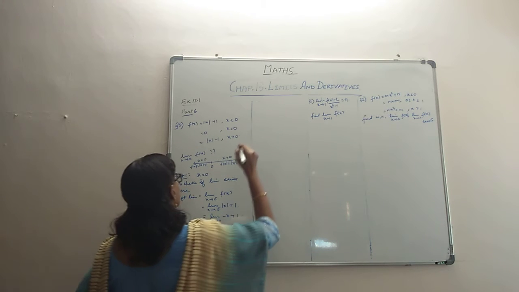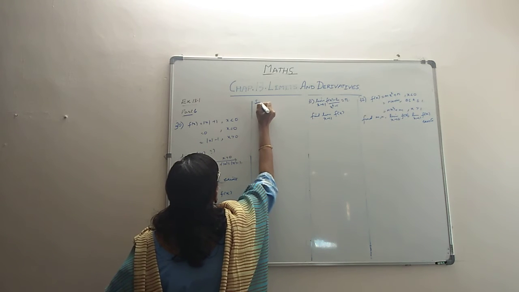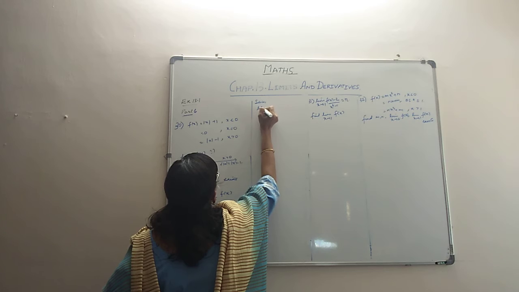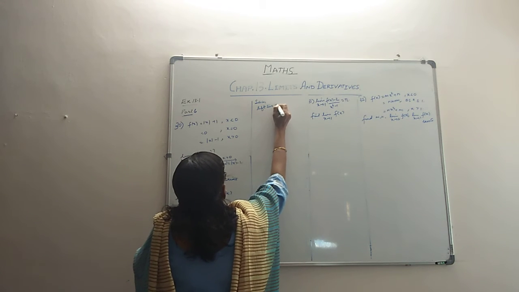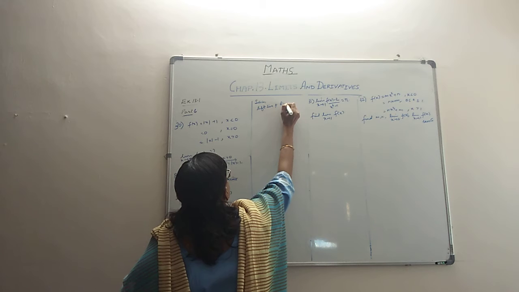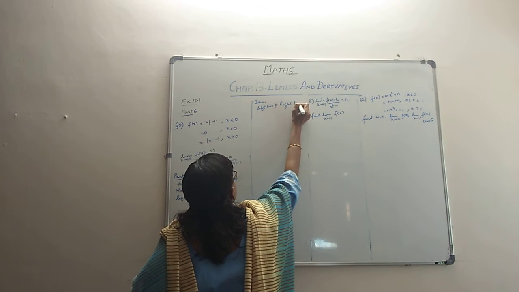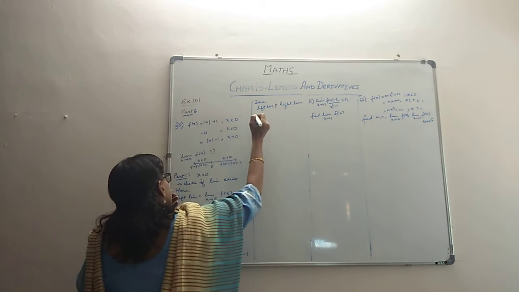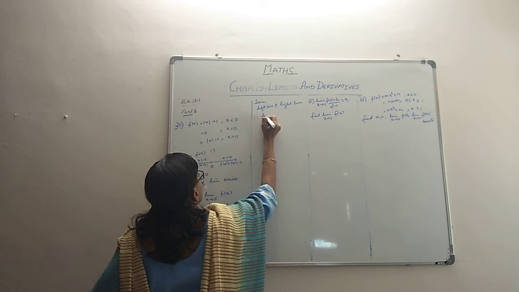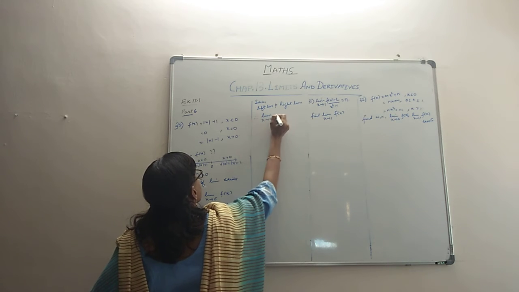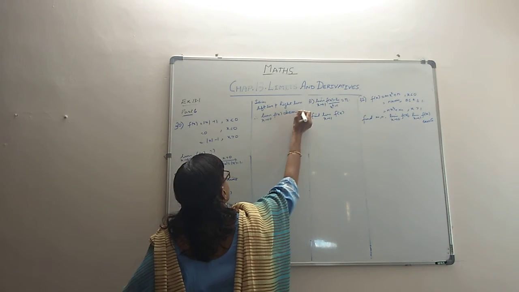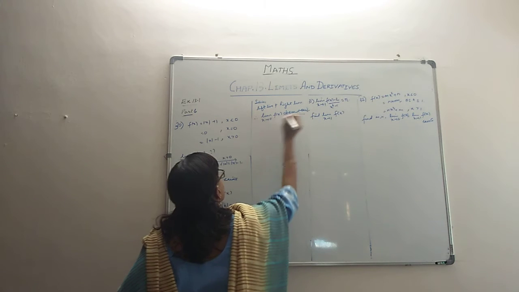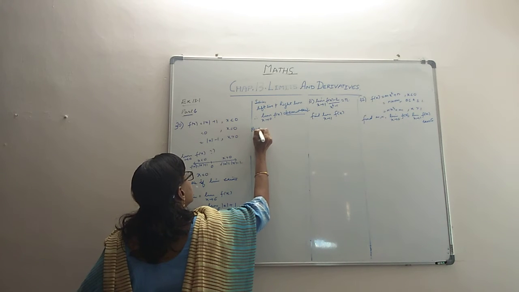That's not okay for a limit. Since the left limit is not equal to the right limit, the limit as x tends to 0 of f of x does not exist. So 0 is a trouble-giving point where we are not getting the limit.